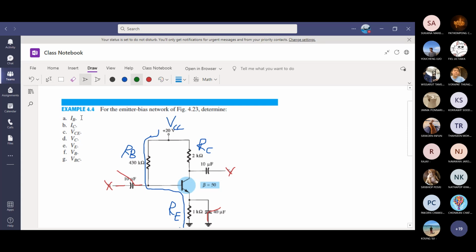If you do everything properly, my calculation is 40.12 microamp. This is micro.